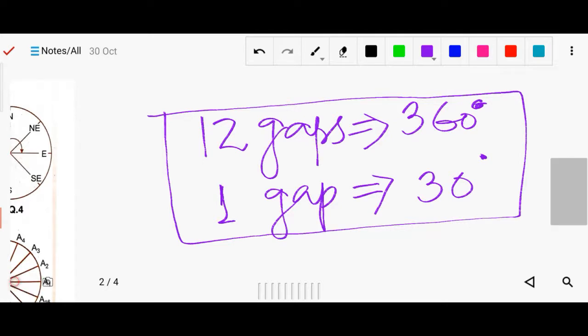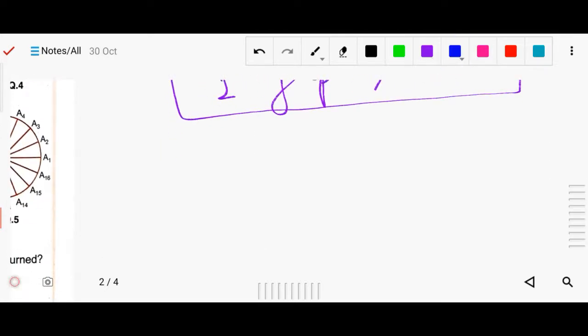Now next is the second, it is for the hour hand. So how will you do it? This is for the hour.